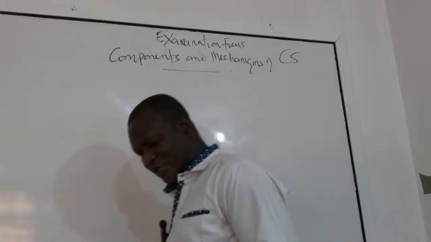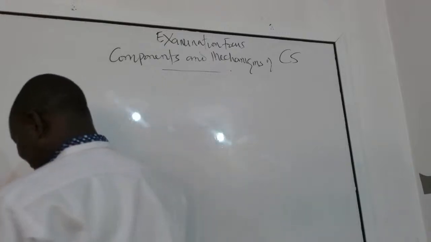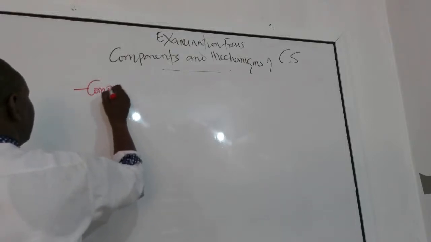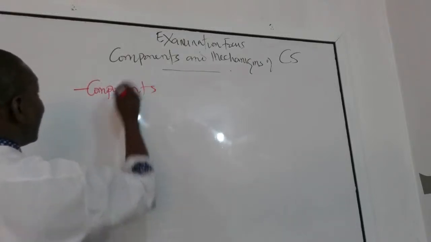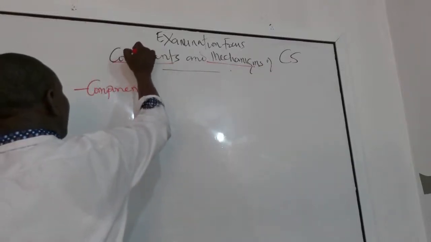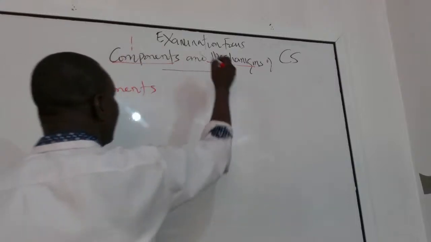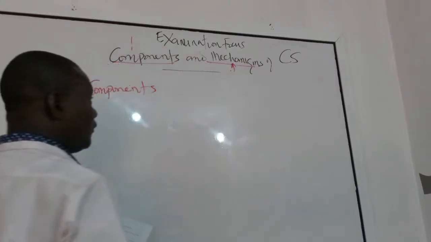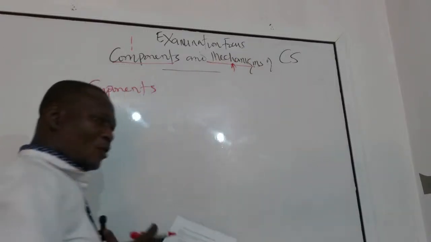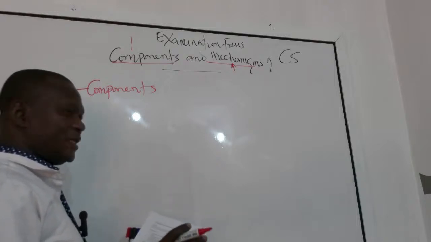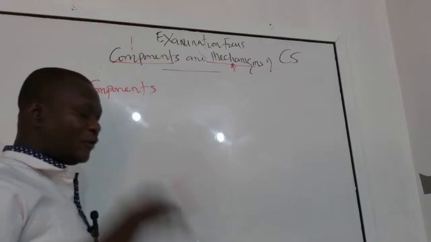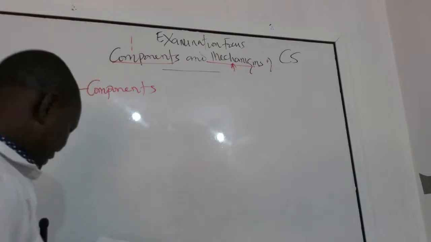The first thing is that you should be able to list the components. These are two keywords. You should be able to list the components first, then their mechanism. If you want to know the mechanism, that is, how do all these components interact with each other in order to carry out their function as a complement system?